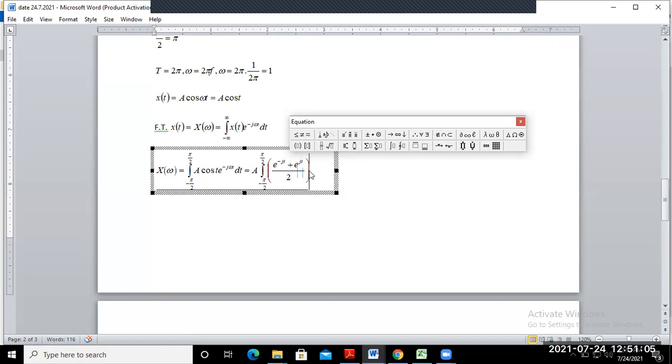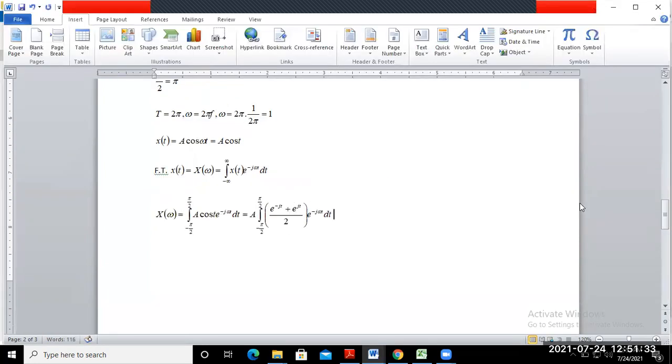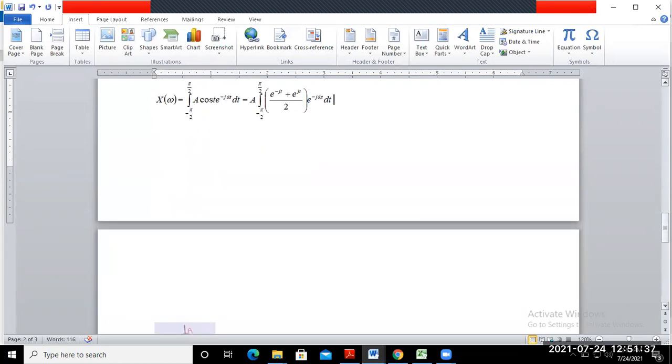So now you are able to integrate this one. So just simplify this equation and integrate from minus pi by 2 to pi by 2.